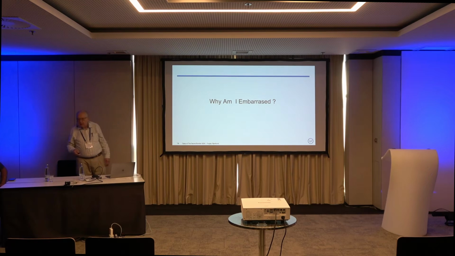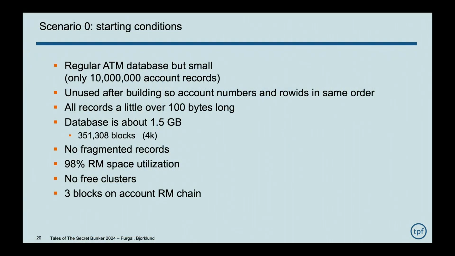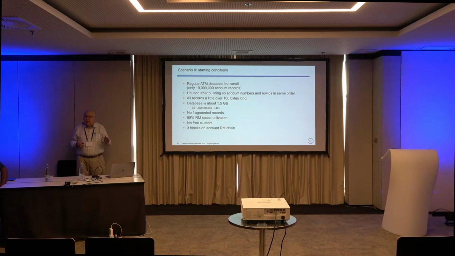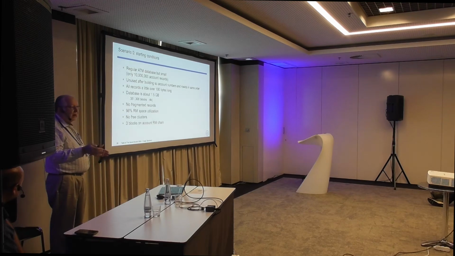Okay, so why am I embarrassed? Well, last year, I had a test database which was built with these characteristics. And I made the statement that this was a fresh database, hadn't been used, so the account numbers matched the row IDs for this table.